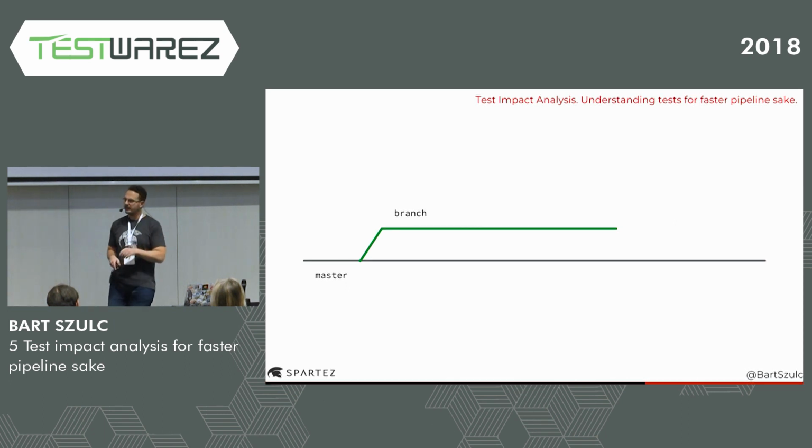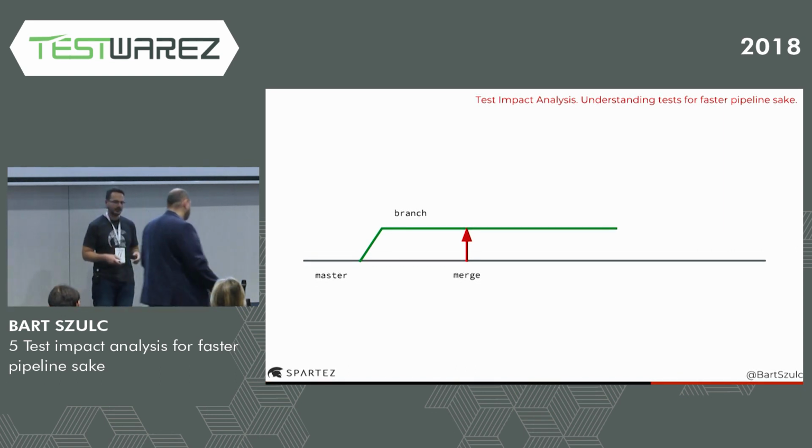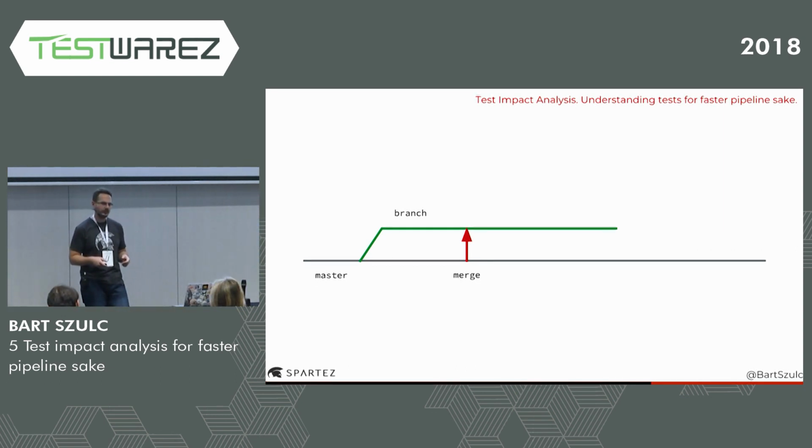The second part is basically what happens on branch. So whenever a developer does something on a feature branch, like makes a change to the feature branch, we first try to understand what really changed, like what files changed. Are there new files?